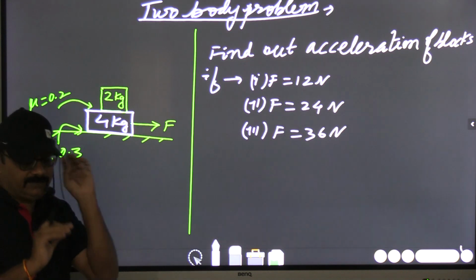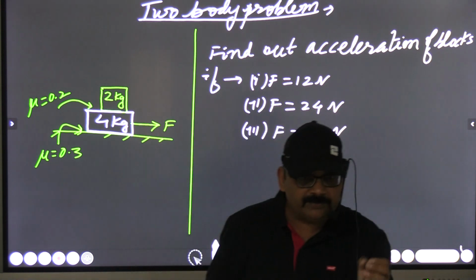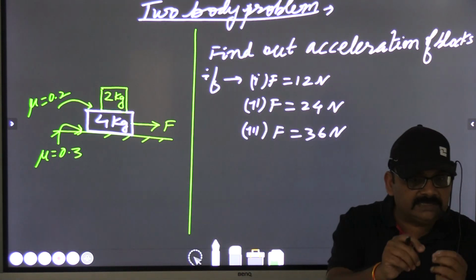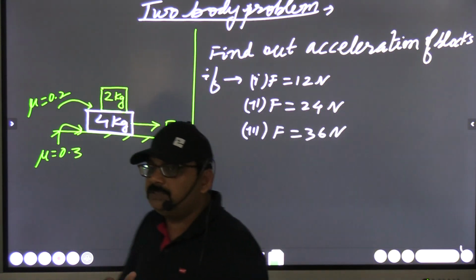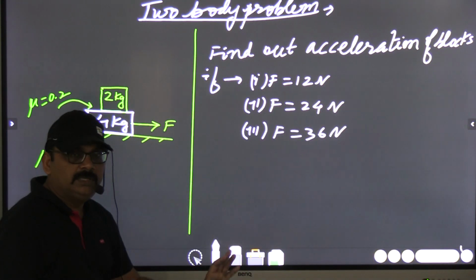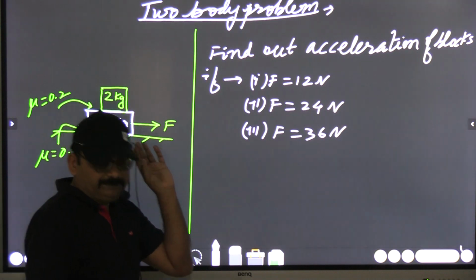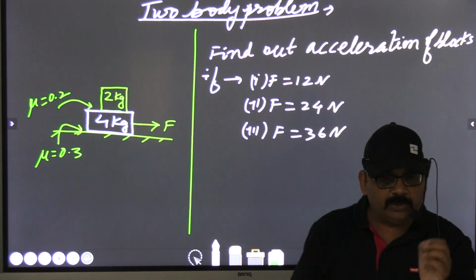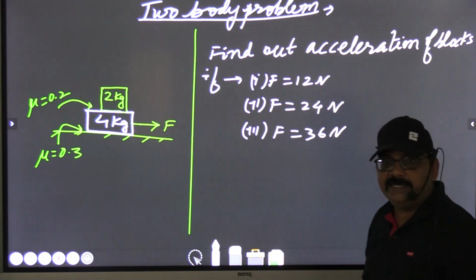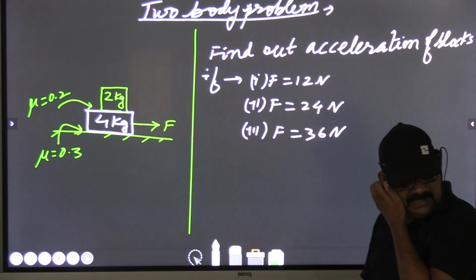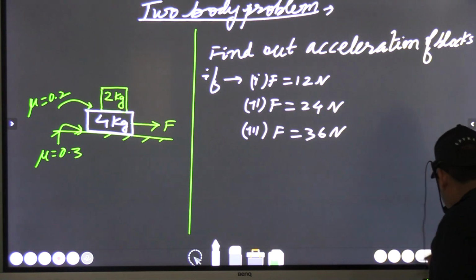So before answering the problem, you need to write the script of the question. We need to create the story of what the actual situation is depending upon the external force. The type of motion of the bodies depends upon the magnitude of the external force, right? So let us understand how to start.